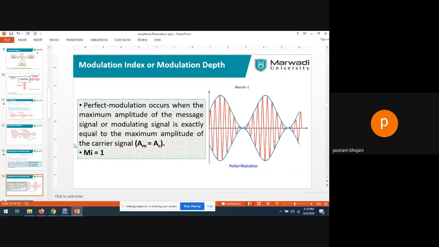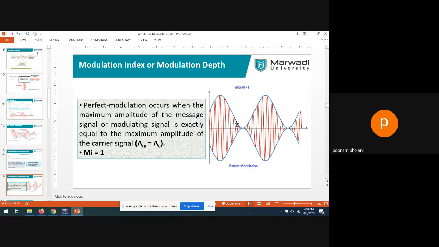Let's say modulation index is equal to 1. If modulation index is equal to 1, then what will happen? AM will be equal to AC. I told you that the maximum amplitude of the AM signal is AC plus AM. So if both are equal, then it will be twice the amplitude of the message signal. And the minimum amplitude is AC minus AM, right? If both are equal, then AC minus AM is 0. So it means this envelope will touch the 0 line.